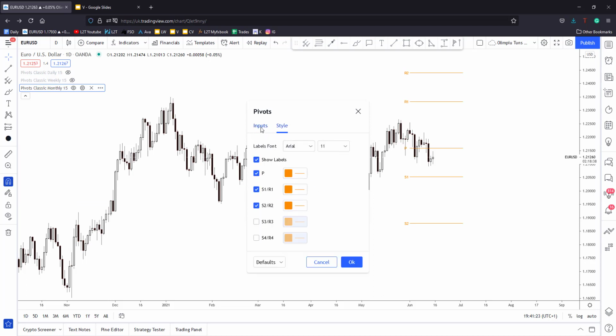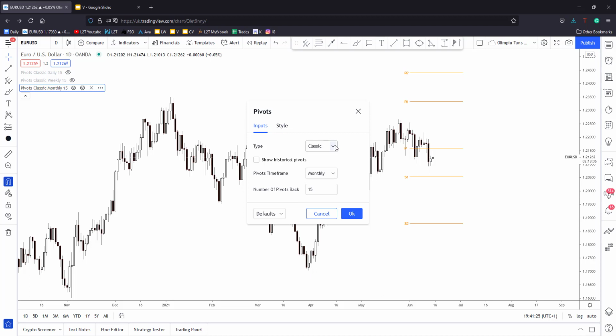You can use several types of pivot points, from traditional, Fibonacci, Woody, Classic, EM, Camarilla. Personally I'm using Classic or traditional, and also you can show the historical pivot points.